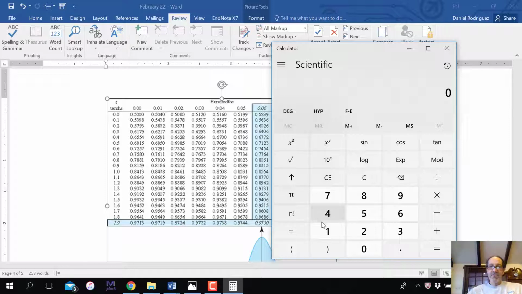So we know we can sum those up and they must equal 1. To find the area at or above, I can say at or above for both cases because this point has a probability of 0. Either way, the area above 0.5 is going to be 1 minus 0.6915.